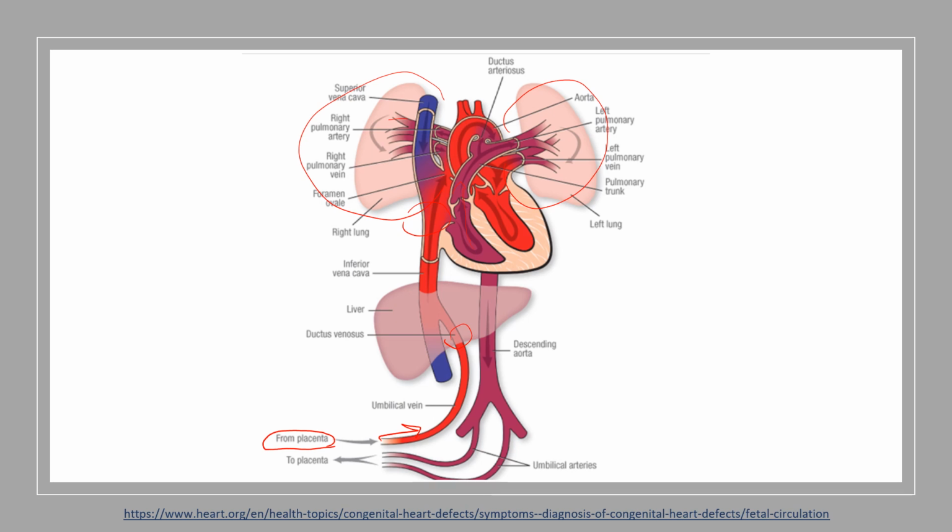That means that most of the blood is going to go through the ductus arteriosus to the aorta to supply the rest of the body. So now you can understand why we've got this high pressure system in the right side of the heart, which will make the right side of the heart bigger and thicker than the left side, because your right ventricle is actually supplying blood to the whole body. It's acting as the left ventricle in adults. Because of this, you get a thicker, bigger right ventricle compared to the left side.